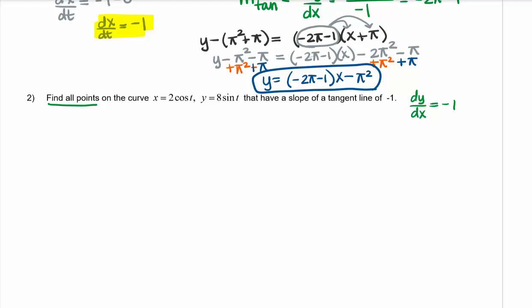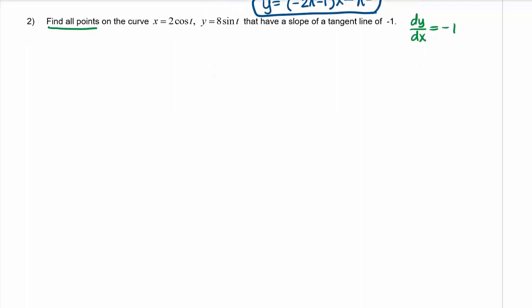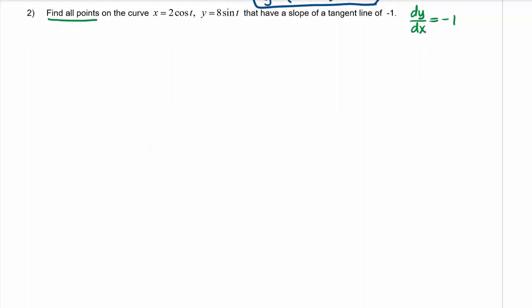So here we go. So x is 2 cosine t. Move this up a little bit. So dx dt is -2 sine t, and I'll just find dy dt so I'm ready and have it, but dy dt would be 8 cosine t.